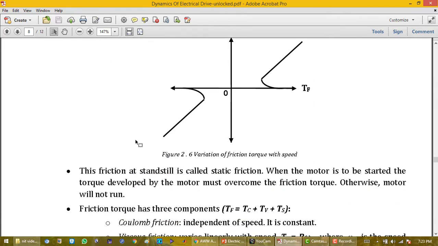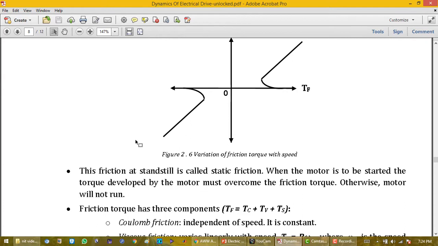Now friction at standstill, when there is no movement, is static friction that comes into the picture. So when the motor is to be started, the torque developed by the motor must overcome that static friction.